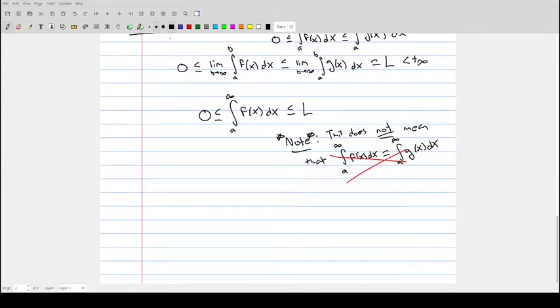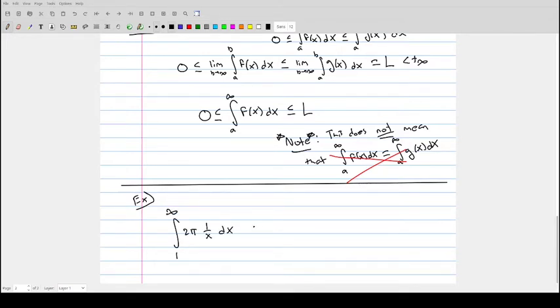I mean, we already saw that with the surface area example for Gabriel's horn. The integral of 2 pi 1 over x dx from 1 to infinity is certainly not the same thing as the integral from 1 to infinity of 2 pi times 1 over x times the square root of 1 plus 1 over x to the 4th.